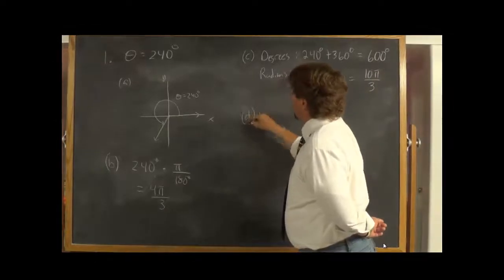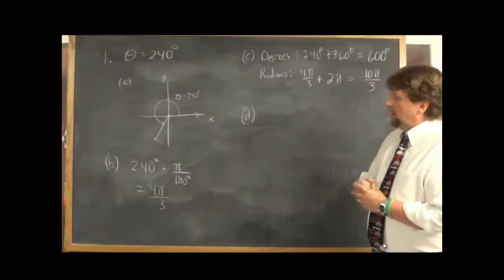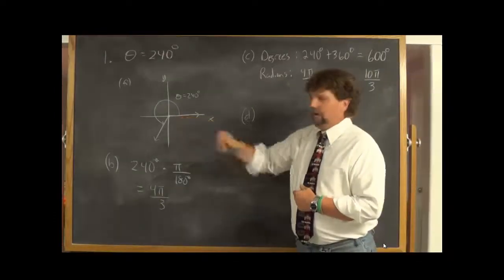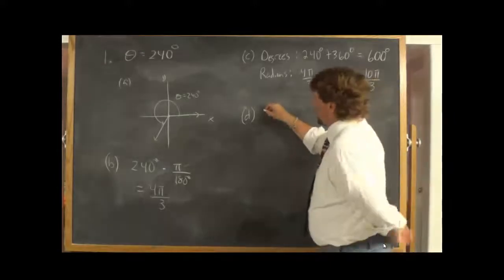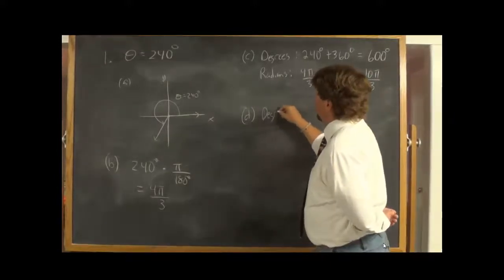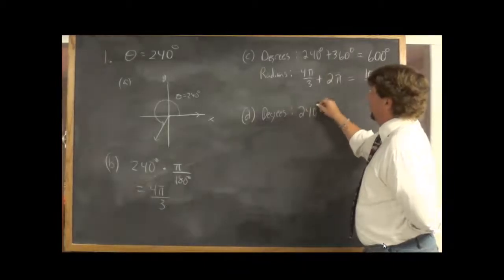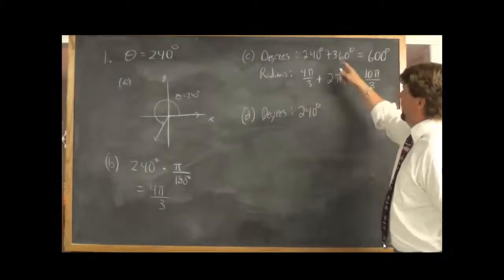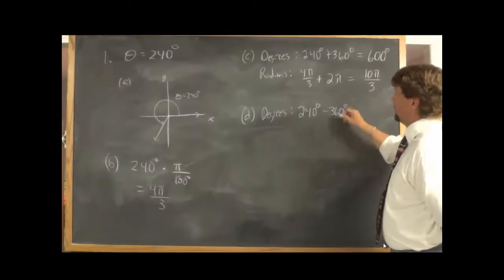Finally, for number 1, part D, you were asked to find a coterminal angle with the given angle that had a negative measure. Well, similar to part C, since we're working in degrees, instead of adding 360, you would subtract 360 degrees.